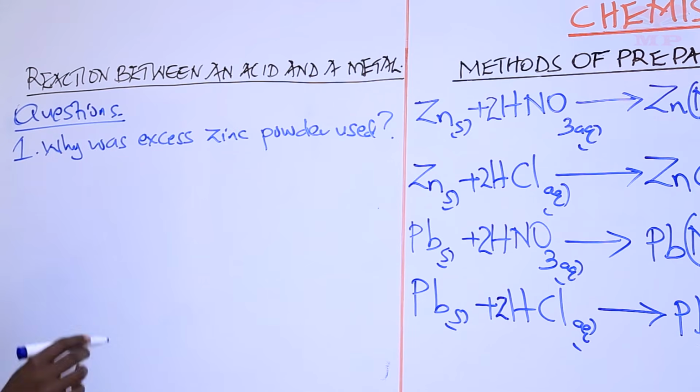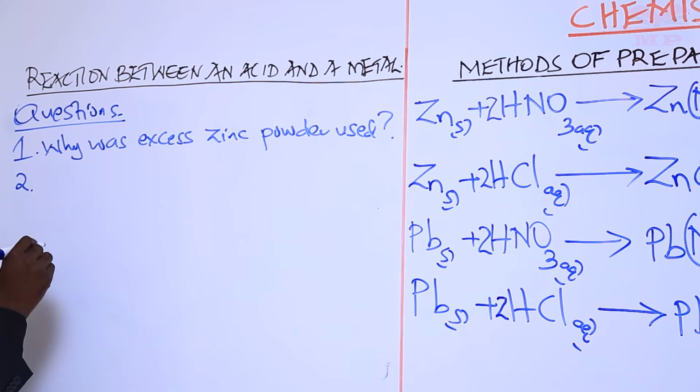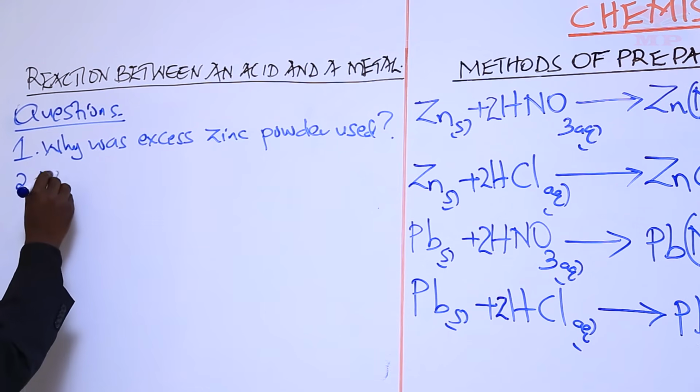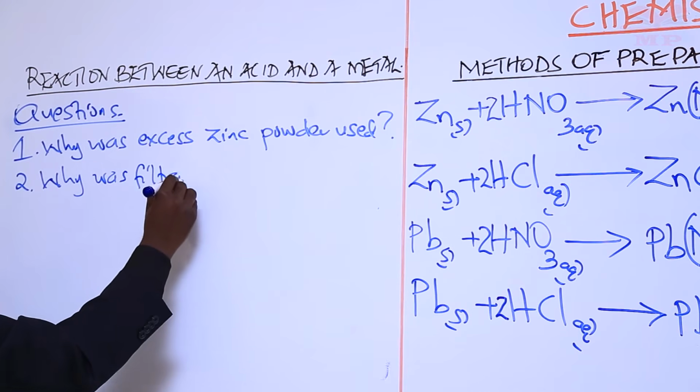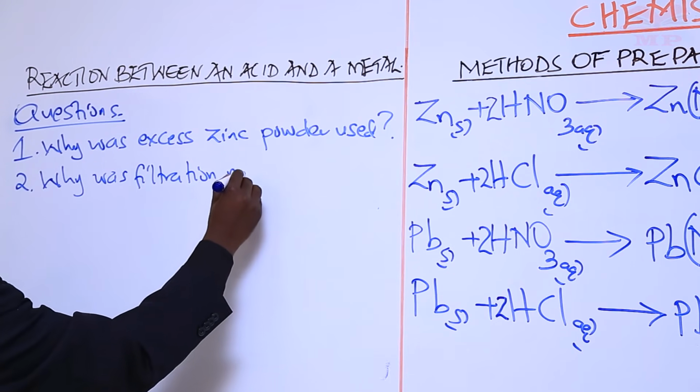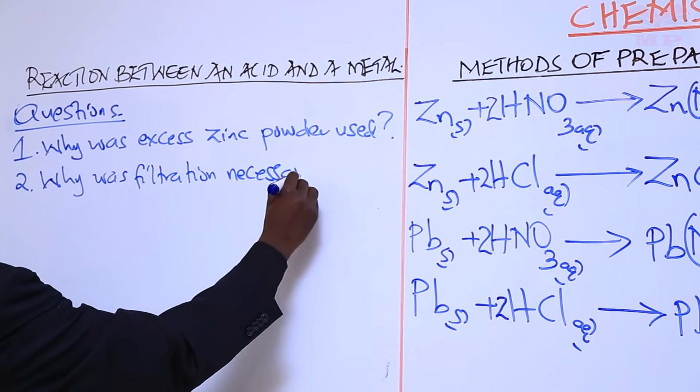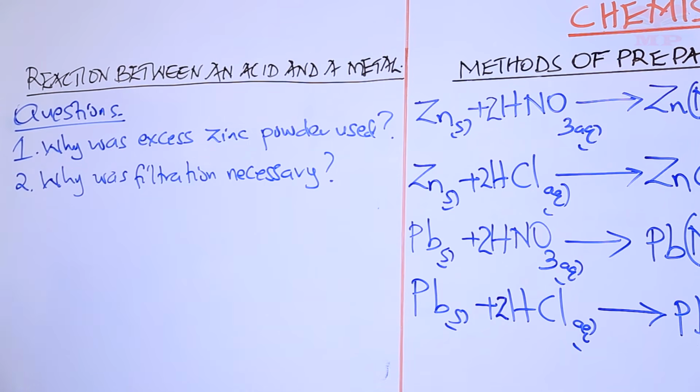Remember, we mentioned in our procedure and we saw a reason. You can try that. Second question is, why was filtration necessary? We also mentioned it in the procedure. You should be able to answer that question.